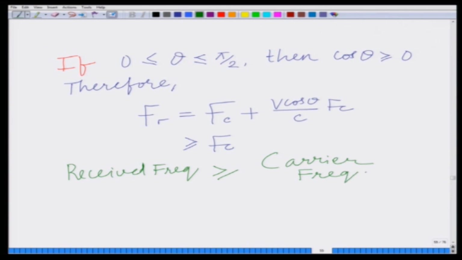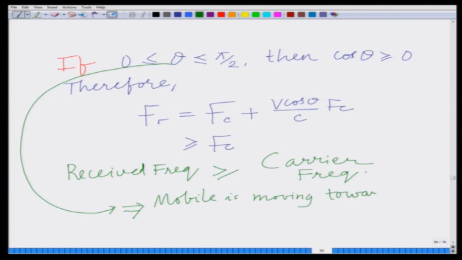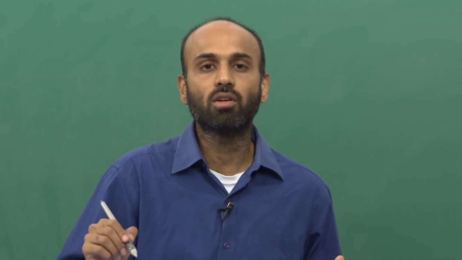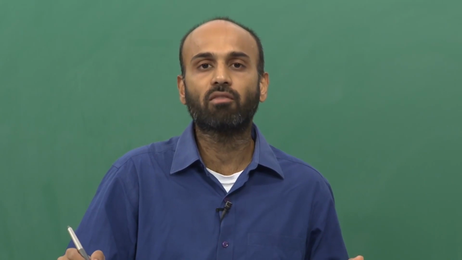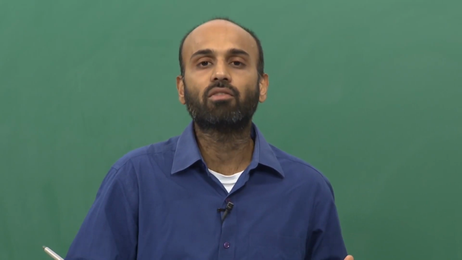This occurs when θ is between 0 and π/2, that means the mobile is moving towards the base station. So, if the mobile is moving towards the base station, then θ lies between 0 and π/2, cosine θ is positive, therefore, the received frequency Fr is greater than the carrier frequency Fc.